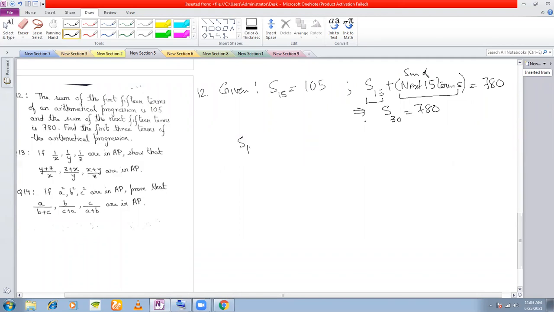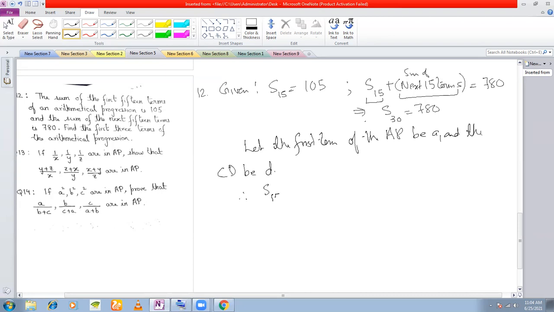I start by saying, let the first term of the AP be A1 and the common difference be D. Therefore S15 is equal to 105, given to you, right?